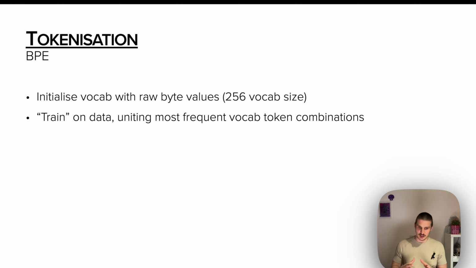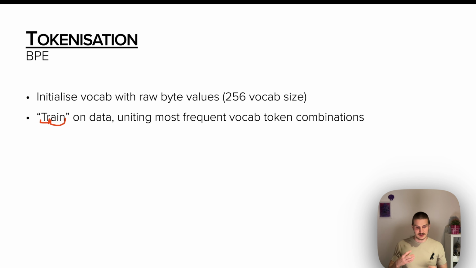And then you just unite the most frequent token combinations. So you see that letter R often follows the letter T. So you unite that into the token TR, and you repeat the process. On some step, you might have a token TR and a token AIN, and then you unite them once again to get TRAIN.